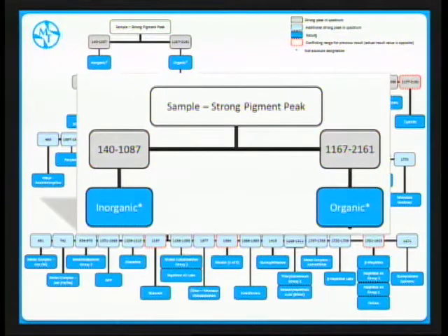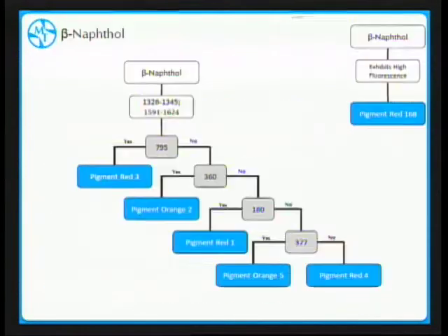It's not perfect, it's a draft, but you can do a pretty good job separating organic and inorganic pigments into these two categories based on the strongest pigment peak, using the wave numbers. Then it goes further down through peaks.